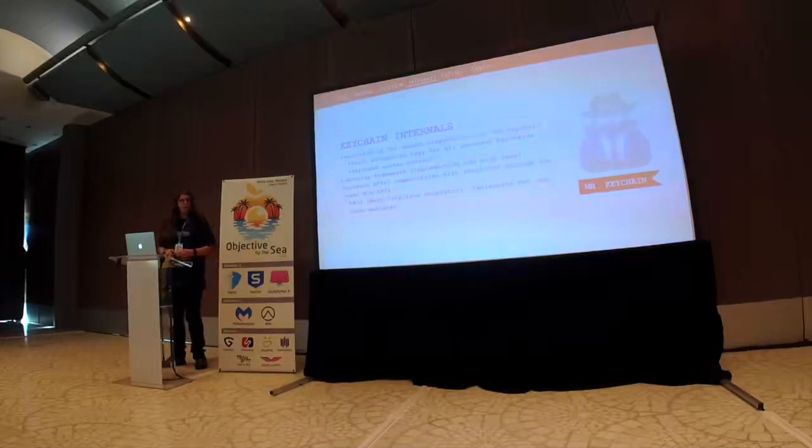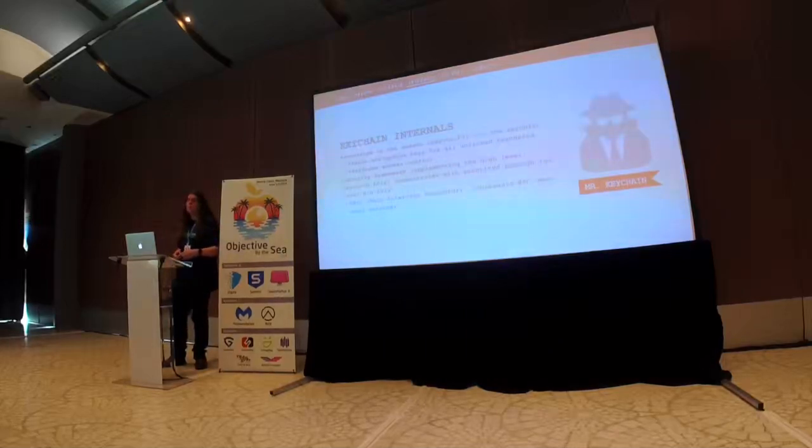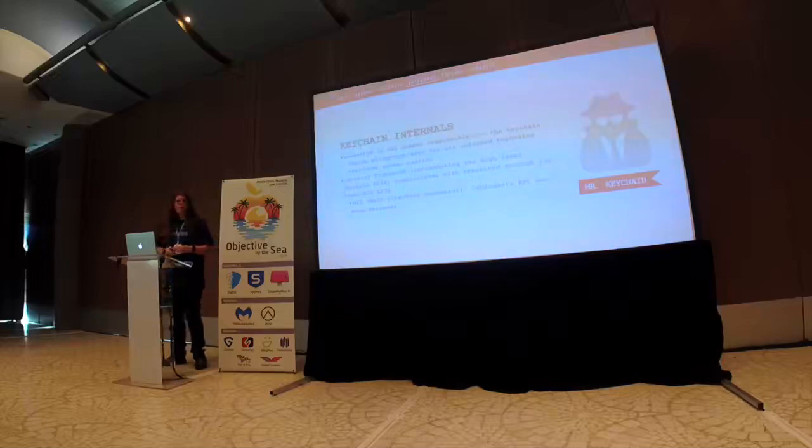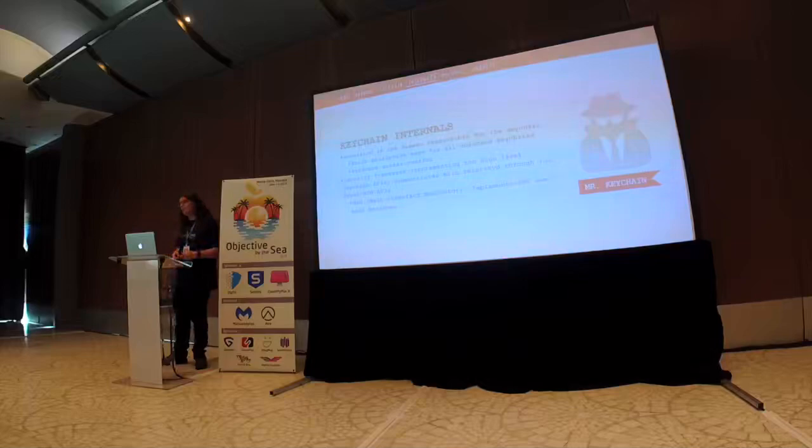Then we've got the Security framework, which is implementing those high-level APIs. There's also a low-level API, and there's MIG, the Mach Interface Generator, which you can use for remote procedure calling. Those high-level APIs then use the low-level APIs to actually communicate with securityd.